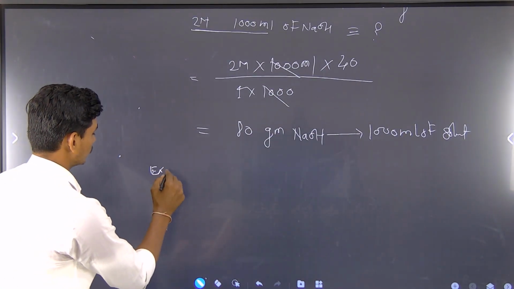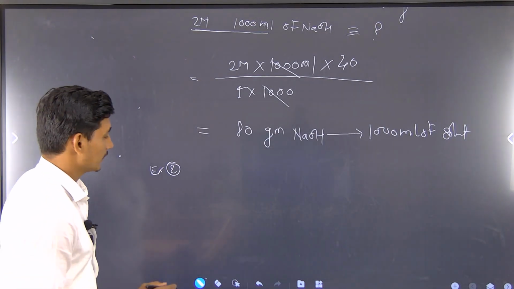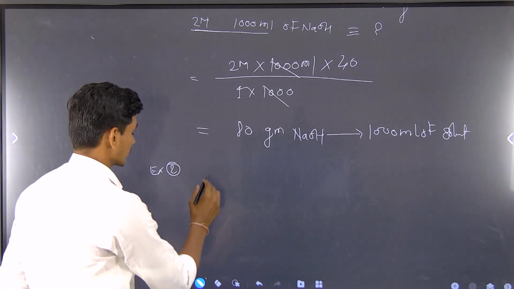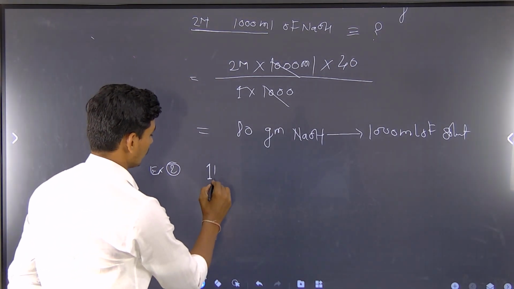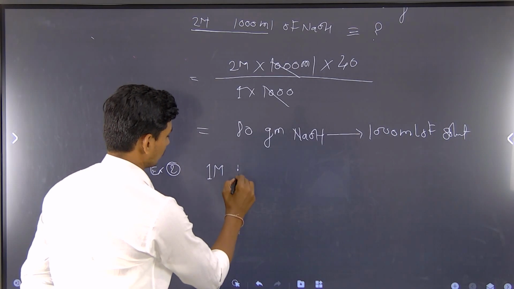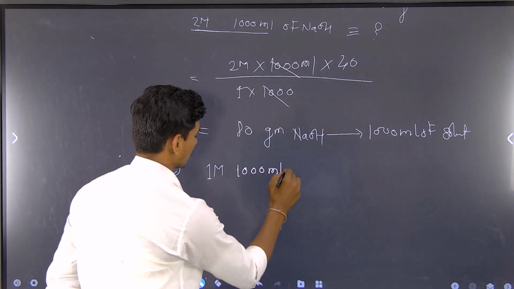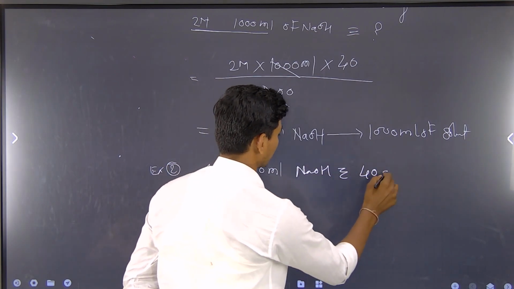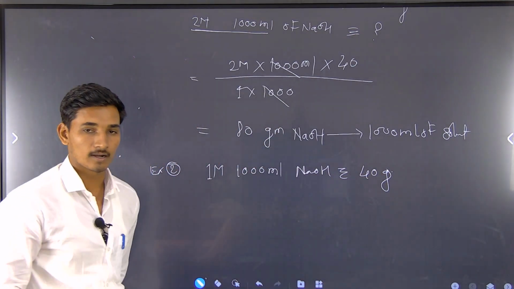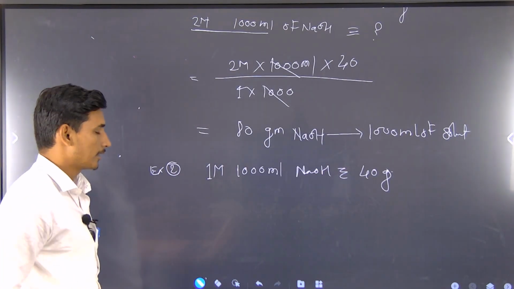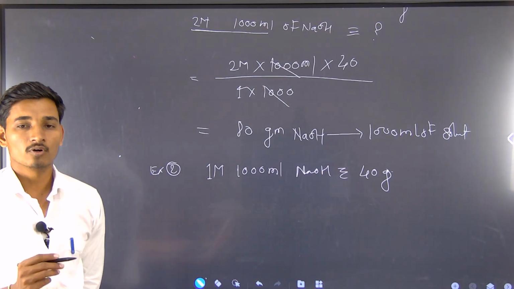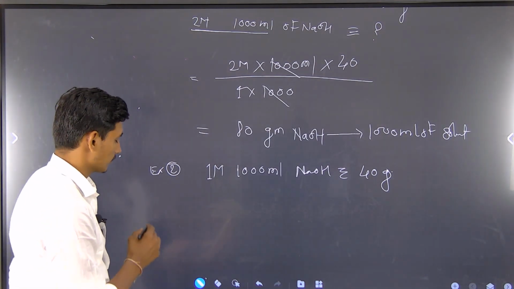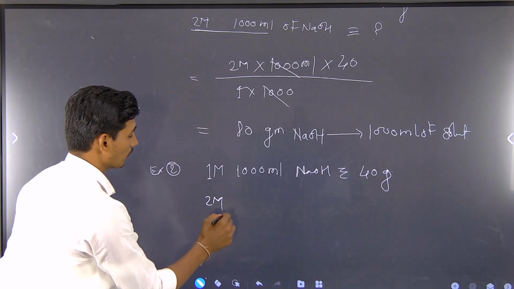Example number 2. Again I take the standard equation for calculating the molar concentration, that is 1 molar, 1000 ml NaOH corresponding to 40 gram of NaOH. Now we have to calculate for 0.5, 4 or 2 molar.